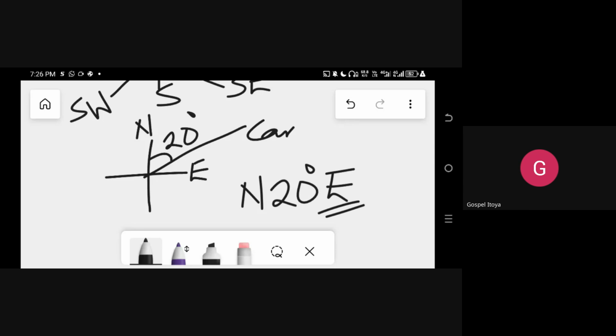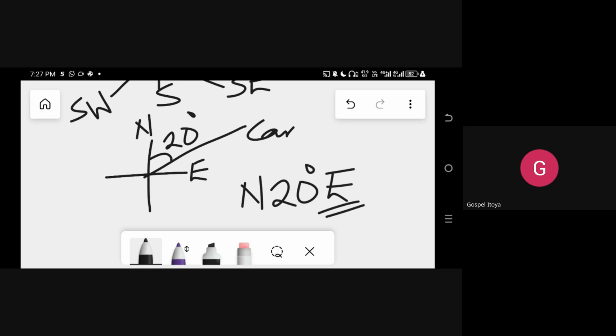This car is parked at a position that is north 20 degrees east. It means that when you're standing north, you turn 20 degrees to the east. That is where the car is positioned. So this is the compass bearing of the car, north 20 degrees east. Do not forget, compass bearings are read northwards or southwards.